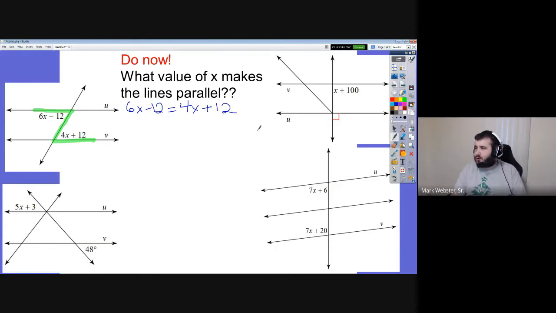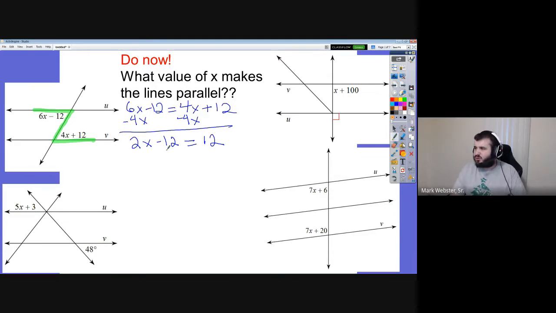and now we solve. Remember, if you've got an x on both sides, that should be your first priority, just so that you get some direction here. So I'm going to move the x over to the left. I'm going to subtract 4x. That leaves me with a two-step equation.